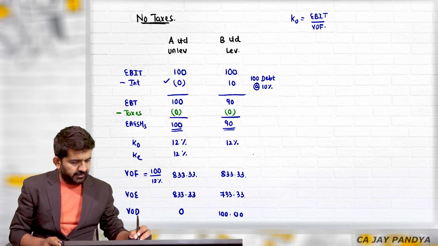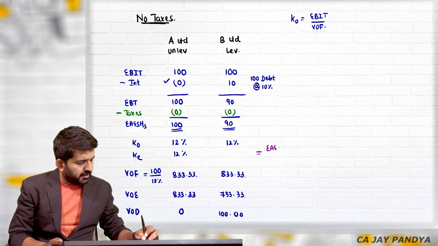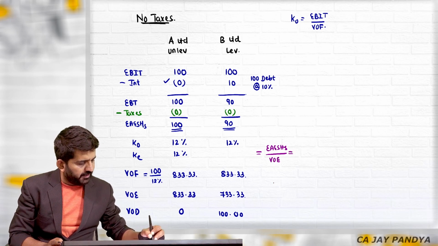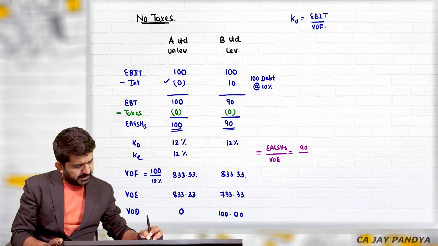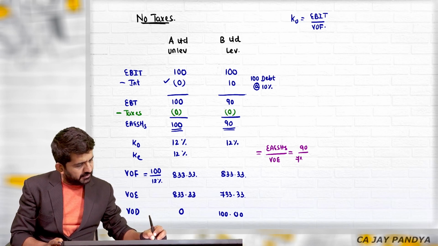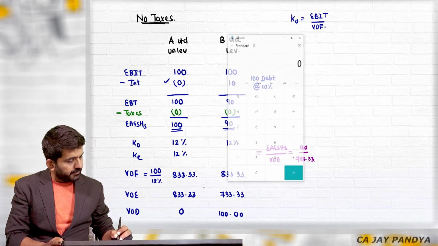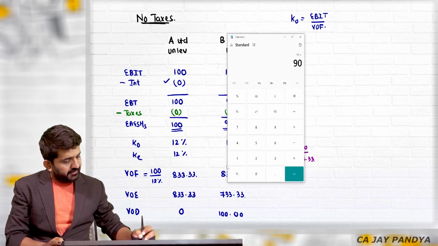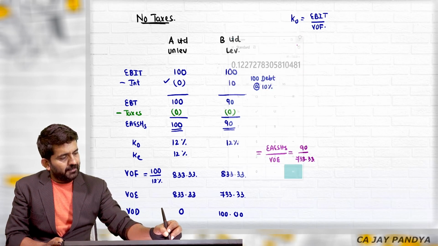It is earnings available to equity shareholders divided by value of equity, which is 90 divided by 733.33, which is 12.27.